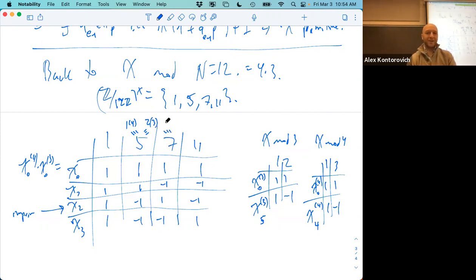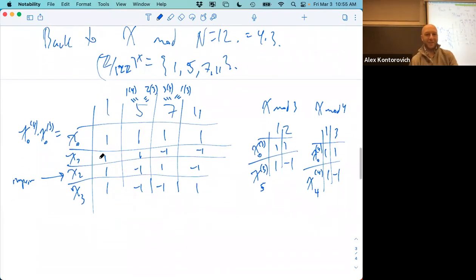Conversely, 7 is 1 mod 3, but 3 mod 4. So we can read off which character it is mod 4 by looking at 7, and which character it is mod 3 by looking at 5. Does that make sense? Am I going too fast?